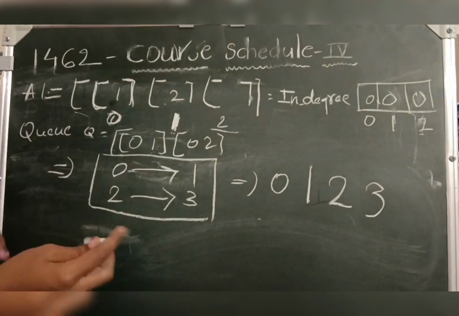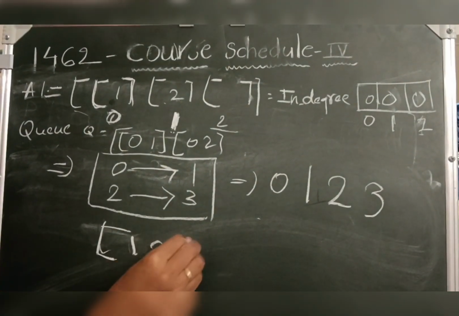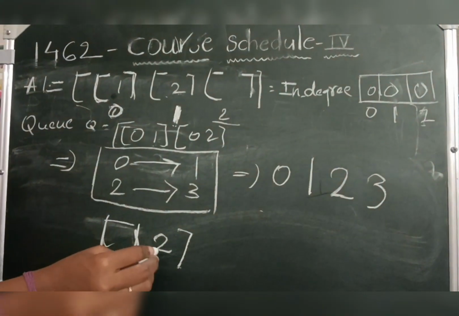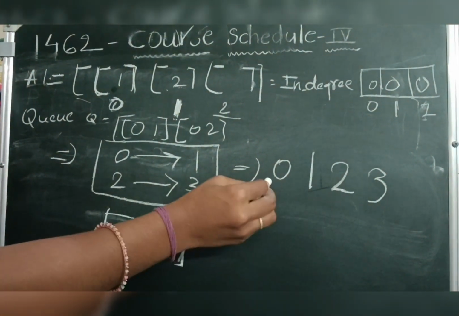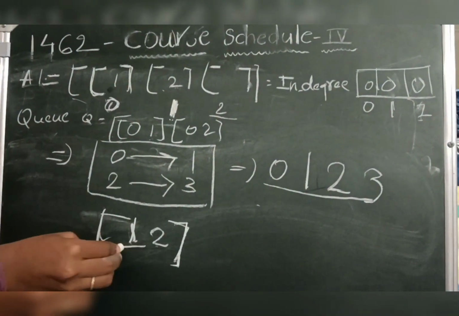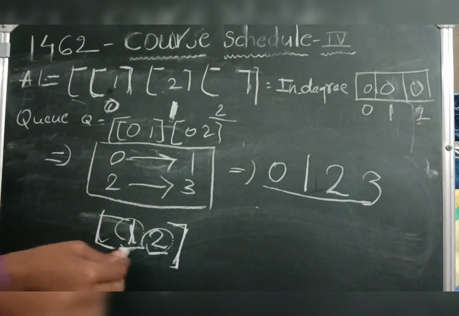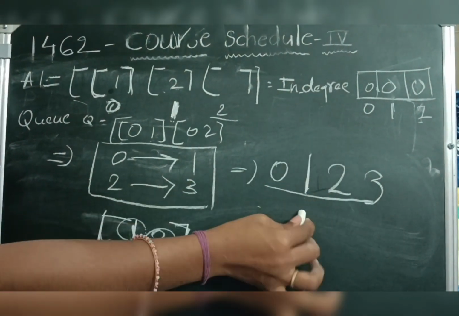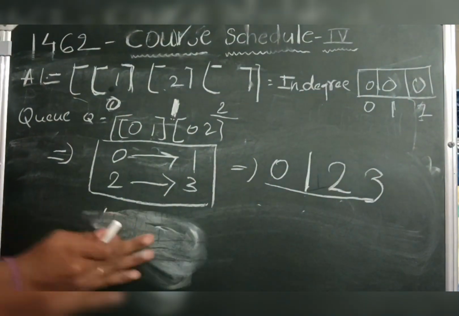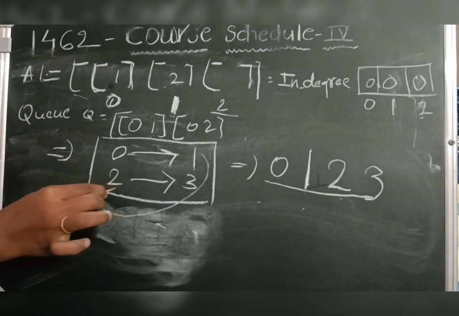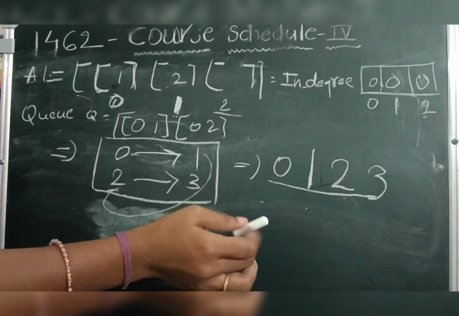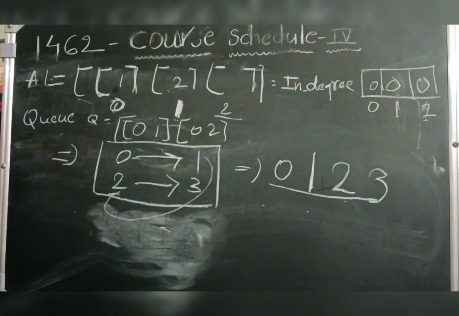We have to check whether 1 is a prerequisite of 2 or not. What is our assumption? While traversing the topological sort, when the index of 1 is less than that of 2, definitely 1 is a prerequisite of 2. So we would get the index of 1 less than 2. But when you observe the graph, there is no relationship between 1 and 2. So in this case our assumption goes wrong.